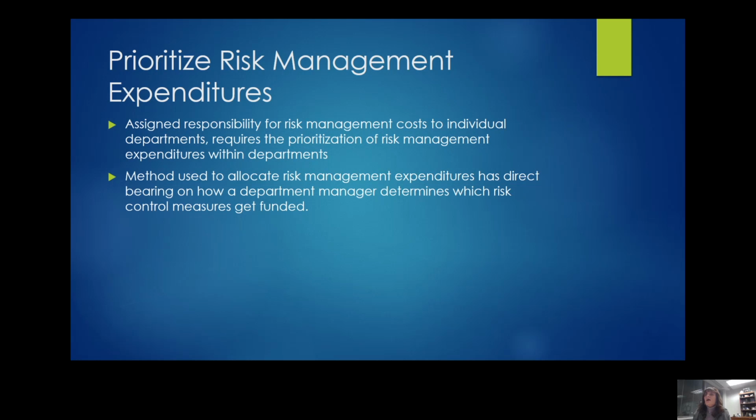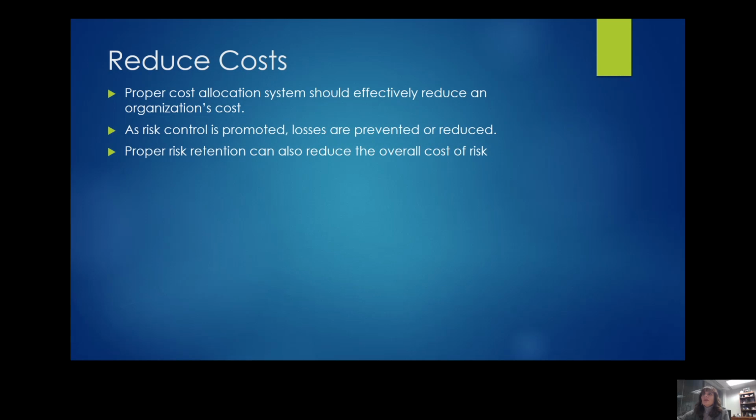How you allocate those expenditures to the department has a direct bearing on how they determine where to spend their money. If you make insurance premiums attributed to them, and you can show that implementing a new recommendation would actually lower their insurance costs, they're more likely to spend money there because they get a savings in return.